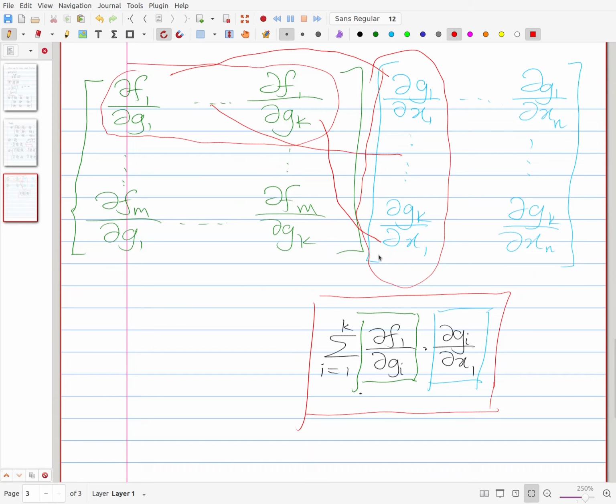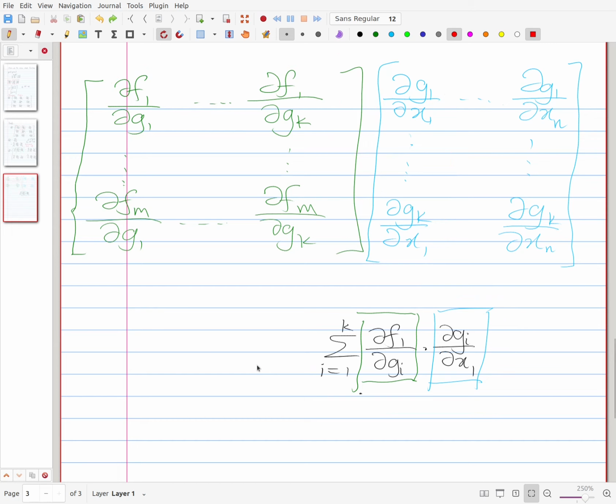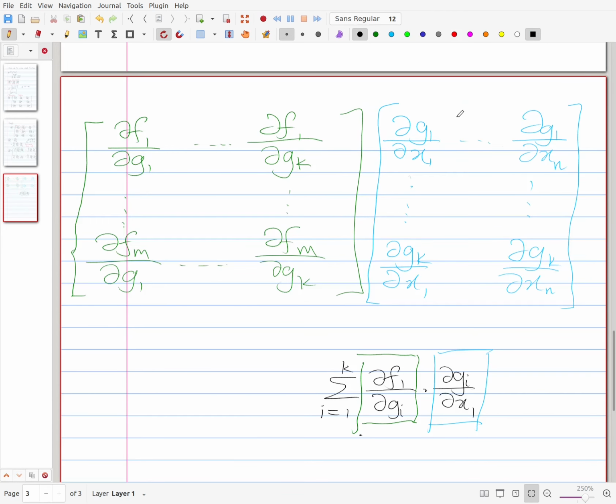So let me formalize that a bit more. Now let me give these two matrices some names. So I'll call this partial F with respect to partial G and partial G with respect to partial X. Now I've given these names that suggest these are the Jacobian matrices, and indeed they are.